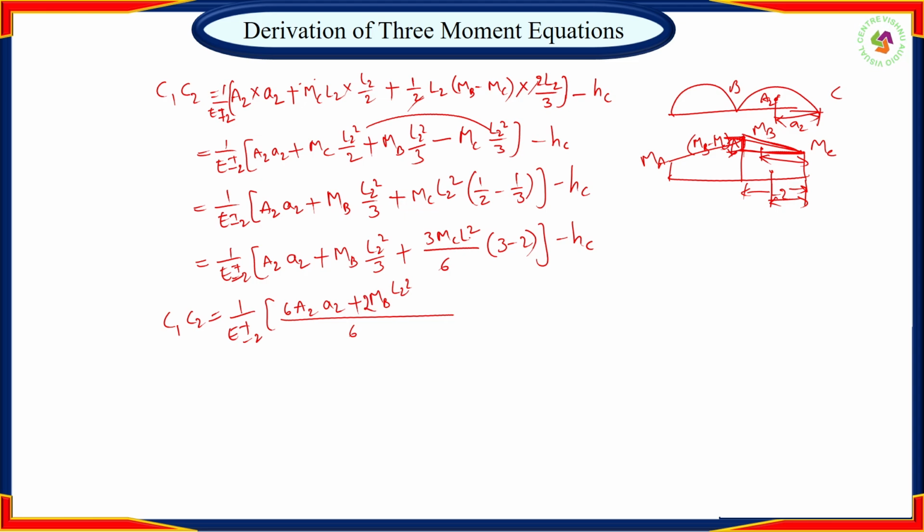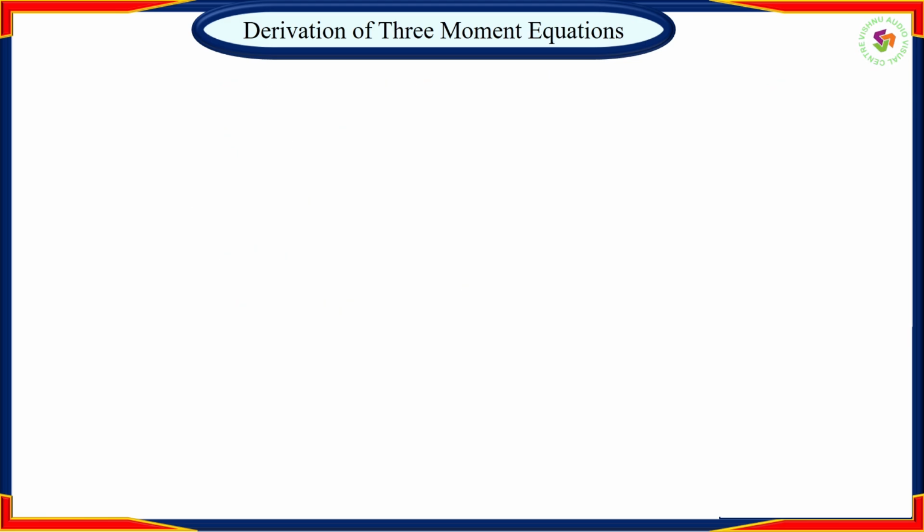So we'll get 2 MB L2 square plus MC L2 square minus HC. Now C1, C2 can be written as 1 by 6EI2 into 6A2 plus 2MB L2 square plus MC L2 square minus HC. Now let us assume this is equation number 2.